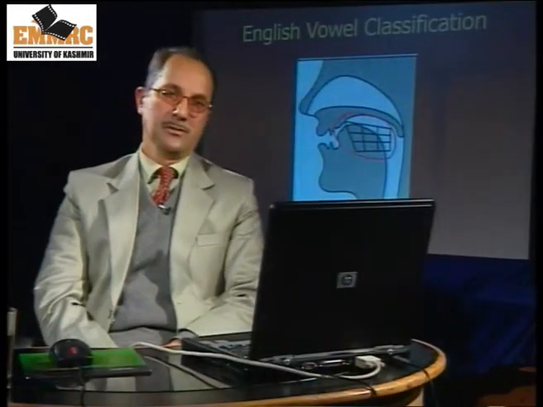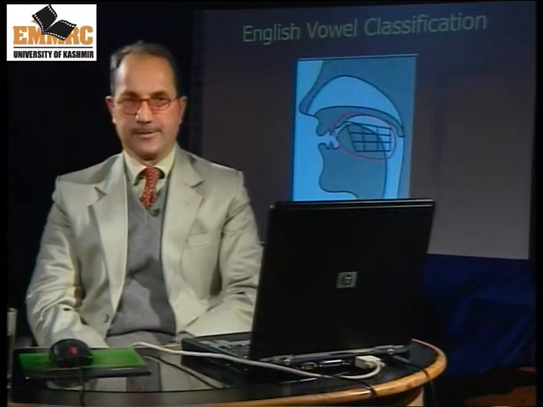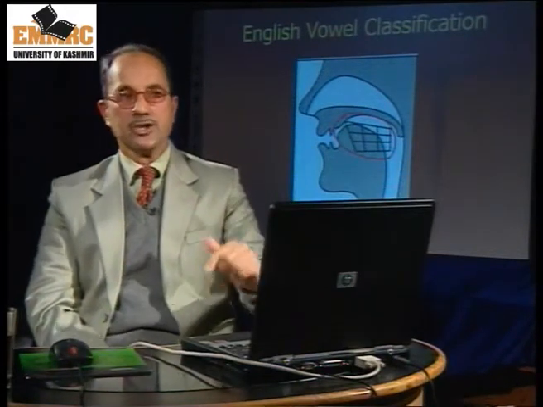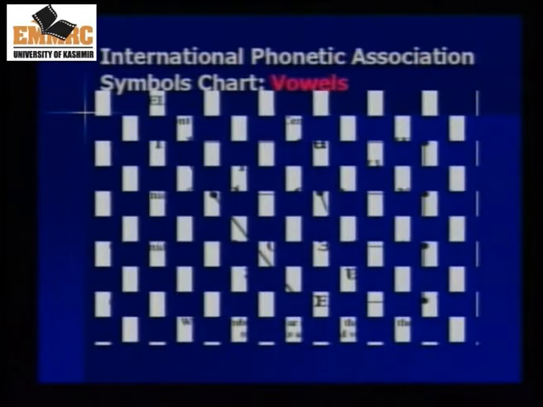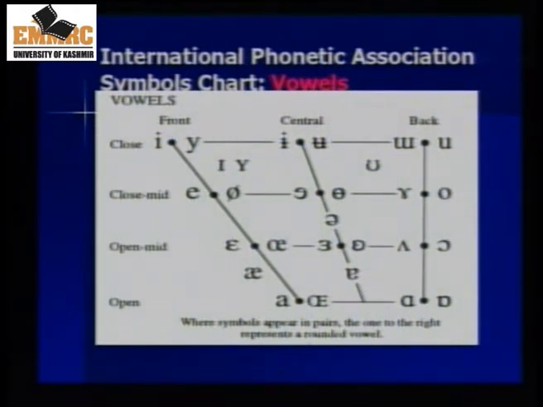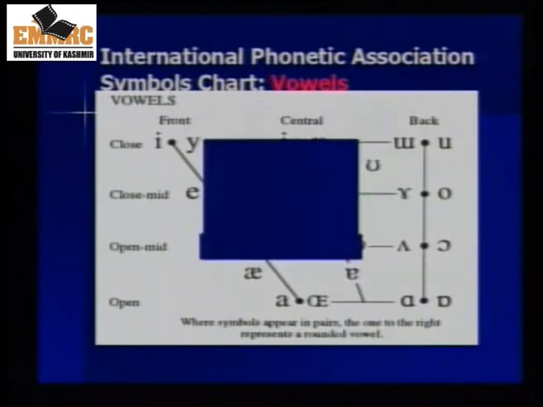Before we move on to our next lesson, let us recapitulate what we have done so far. We started with cardinal vowels and through a quadrilateral diagram tried to place the English pure vowels in terms of their production or articulation in the oral cavity, either in the front, at the center, or at the back.